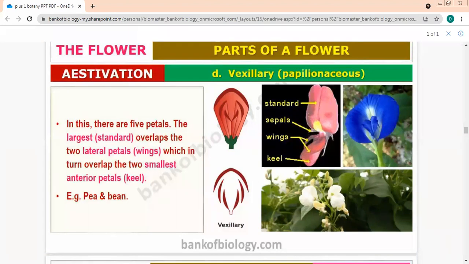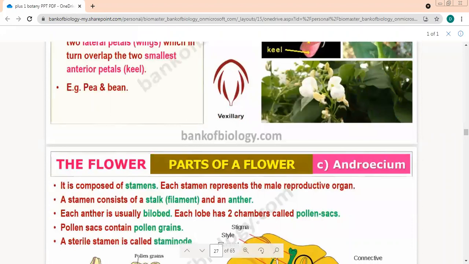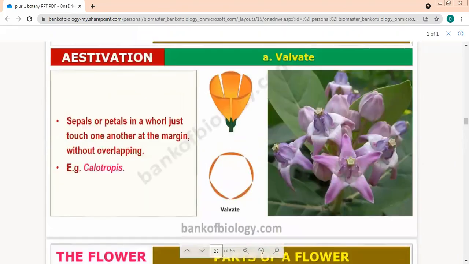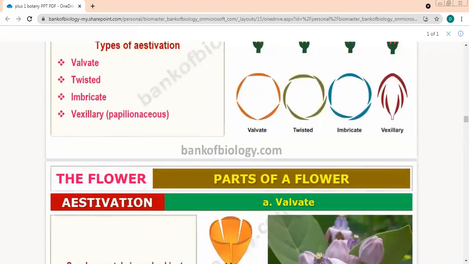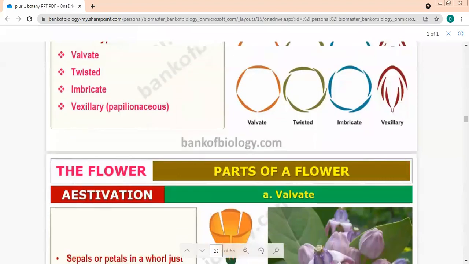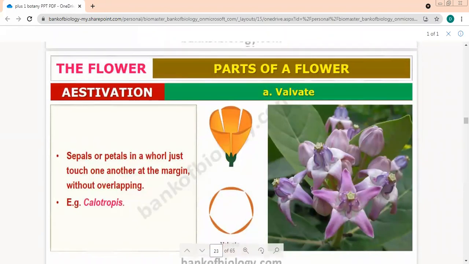Yes, children. We said the arrangement of sepals and petals is called estivation. The first one is valvate.